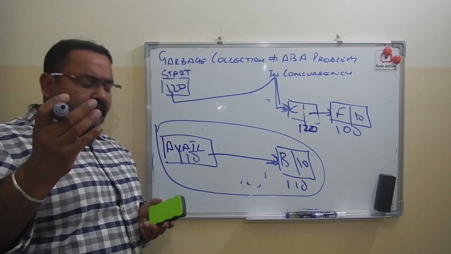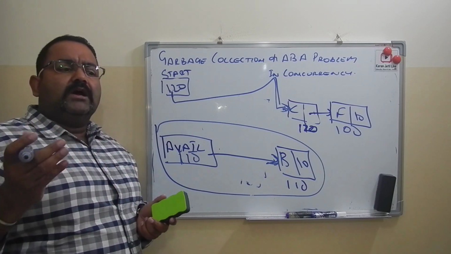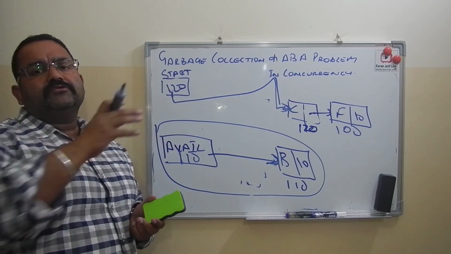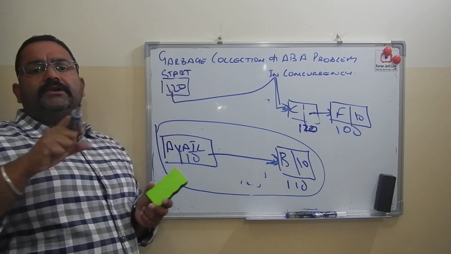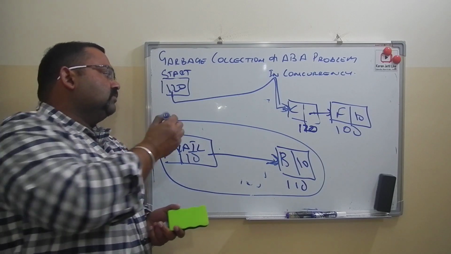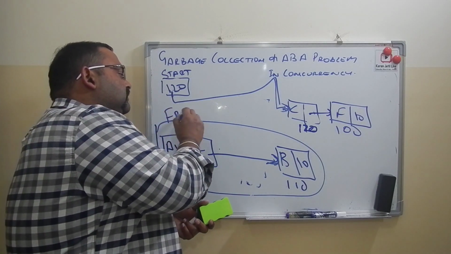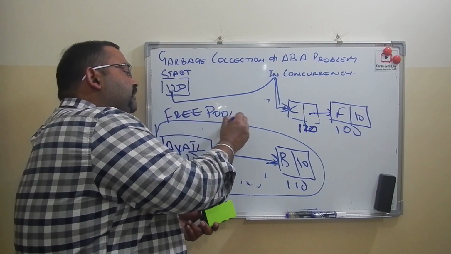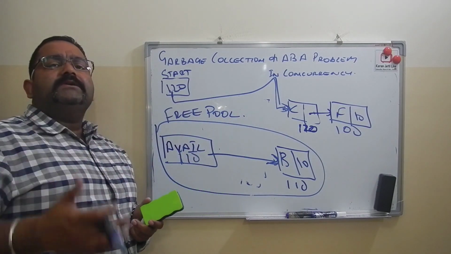I hope I made it clear to you. So basically, garbage collection is the process of collecting all the deleted nodes and putting them in the available list. Some people also call it the free pool, so that they can be recycled.